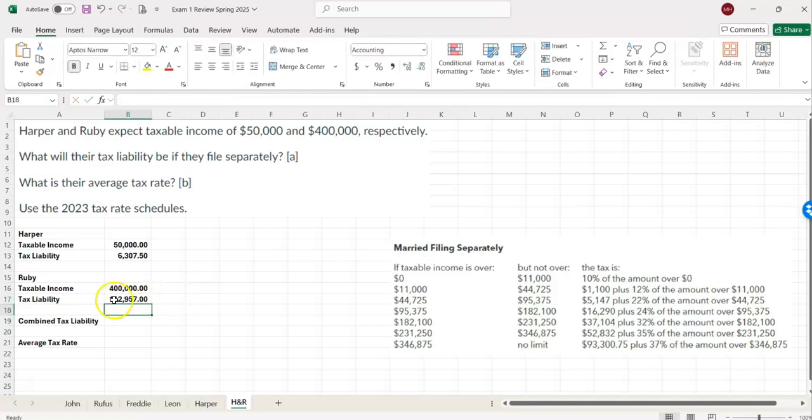So her tax liability is $112,957. Their combined liability is the two added together, the 6,307 and the 112,957.